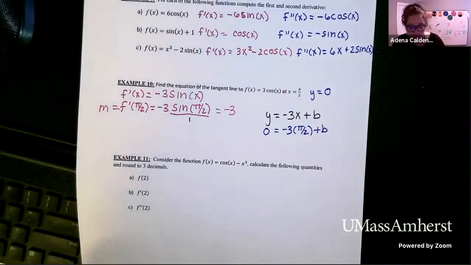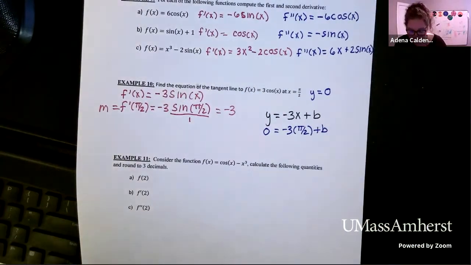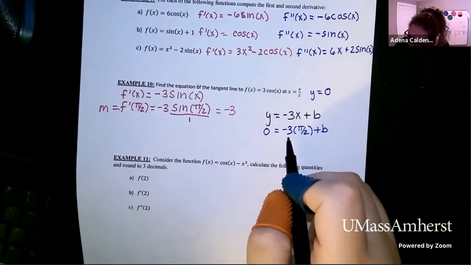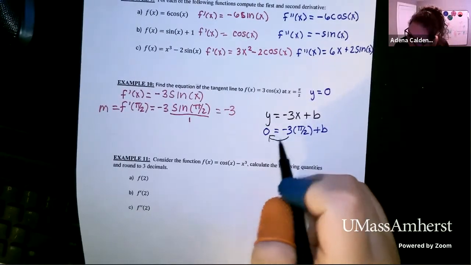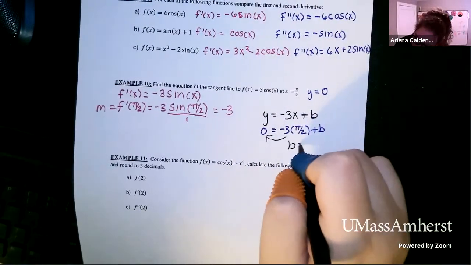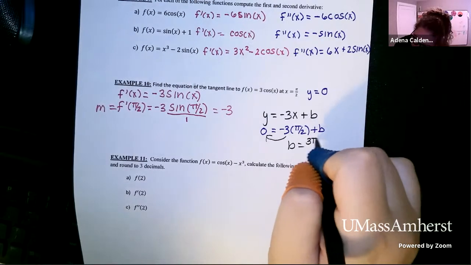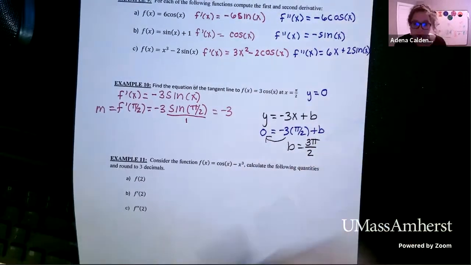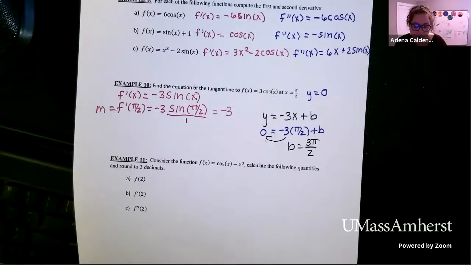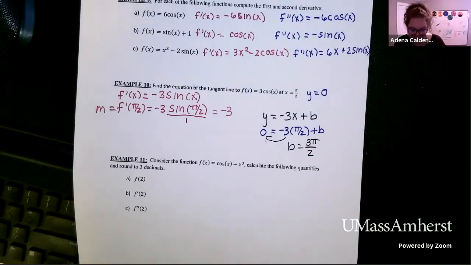Okay. Now, whenever you have a pi or an e, you do not want to turn this into a decimal. You just want to leave it as pi. So we just need to add this term over to the left, and we get b equals 3 pi over 2. We're going to leave that in terms of pi for our answer here.